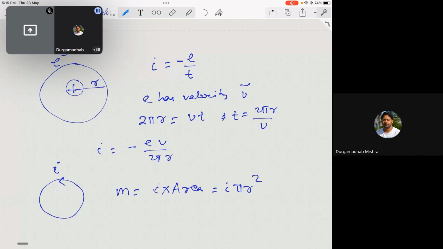So this is the magnetic moment produced due to this current, which is now due to the electron. We can substitute the expression for I, so M will be equal to minus e v by 2 pi r into pi r squared, which simplifies: pi will cancel out, one r will cancel out, so it will be minus e v r by 2.